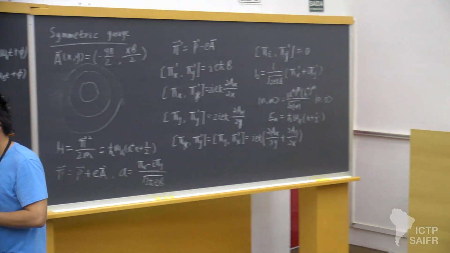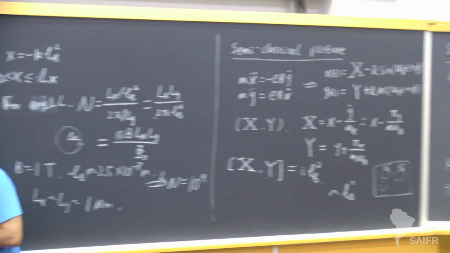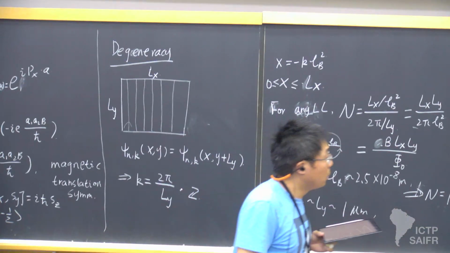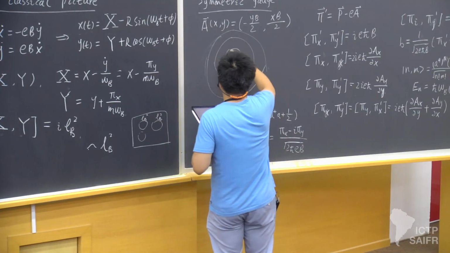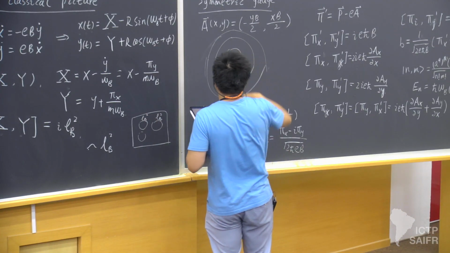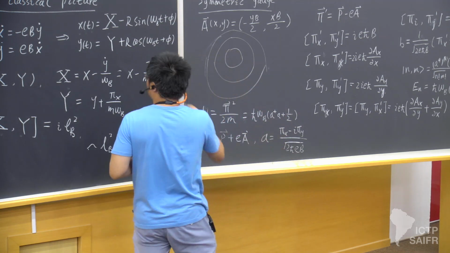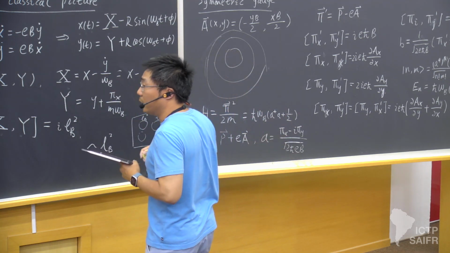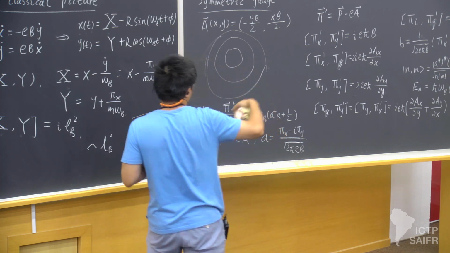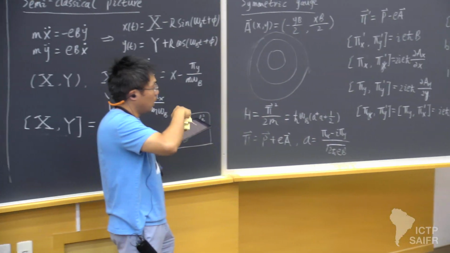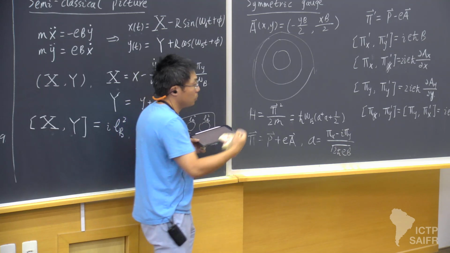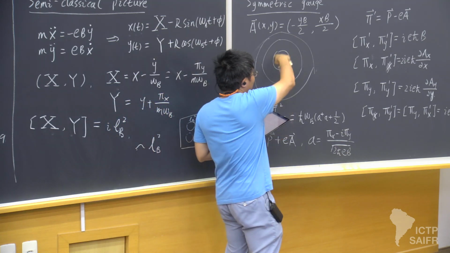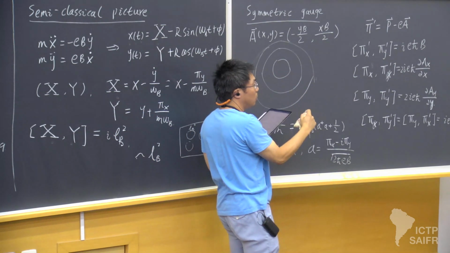You can also work out the wave functions under this symmetric gauge, right? As I explained, pictorially, what you really have is very similar to the case of the Landau gauge. Each wave function on each Landau level will be localized on a circle, right?